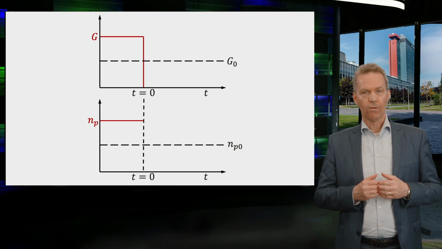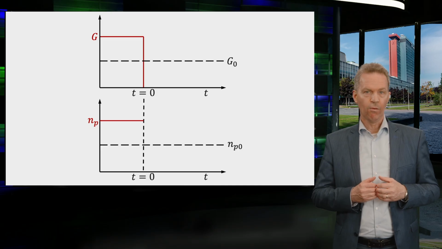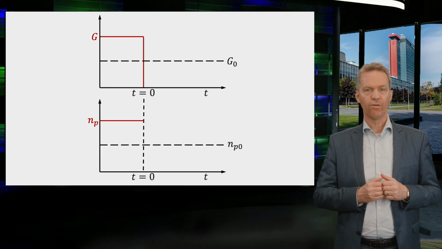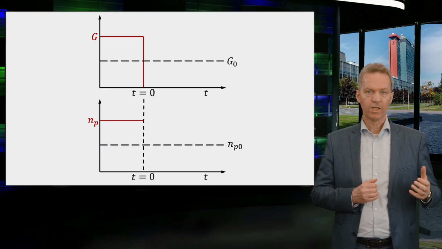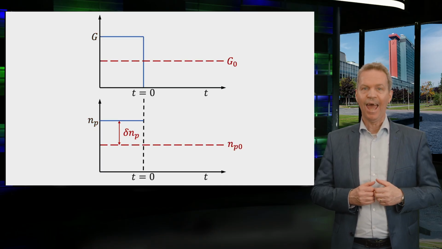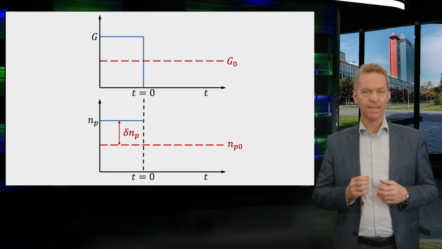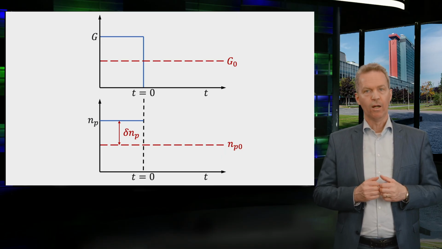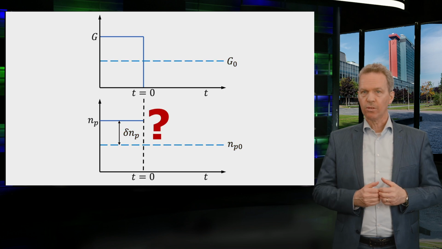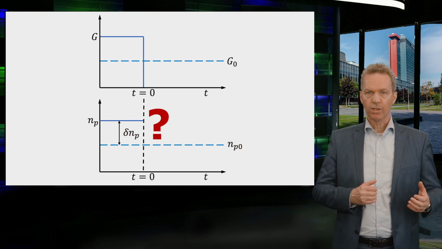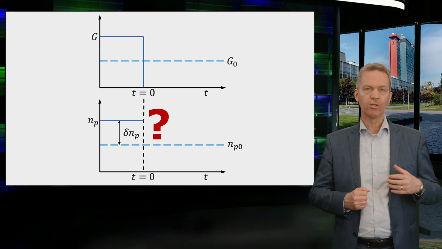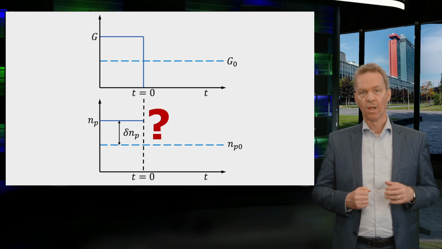The external generation rate G before t is 0 results in a higher electron concentration. More precisely, we look at the excess electron concentration, delta Np. We now would like to know how the electron concentration changes as a function of time after the external generation rate G is turned off at t is 0.